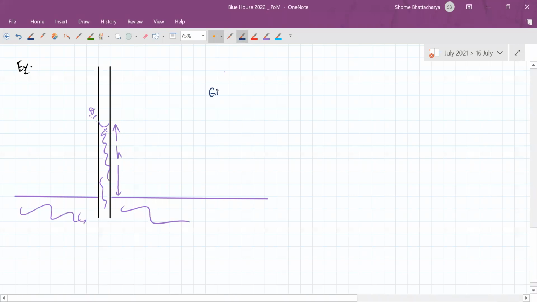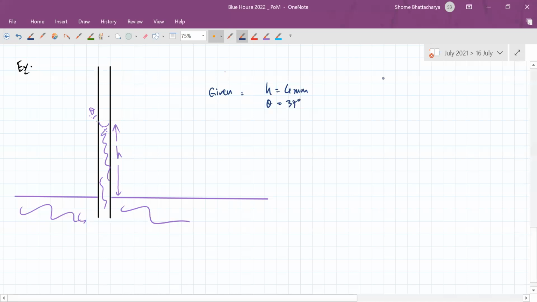Suppose this natural capillary height is 4 millimeters and the natural angle of contact is, suppose, 37 degrees. Okay.